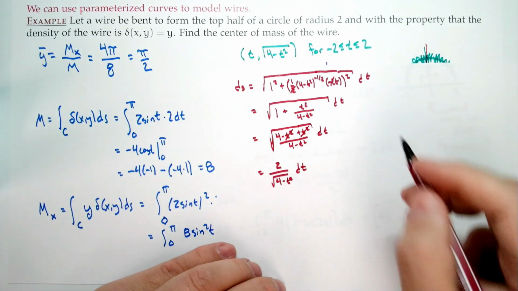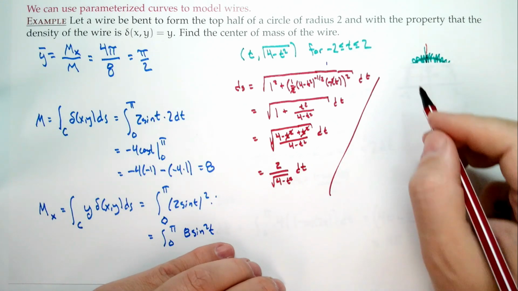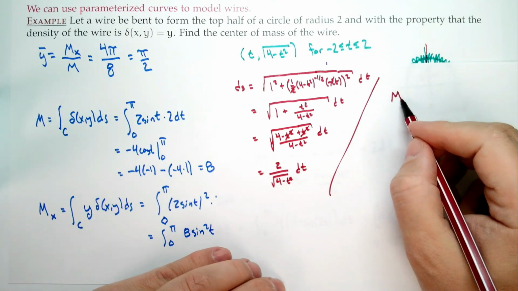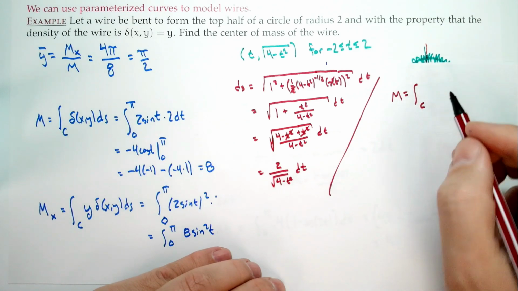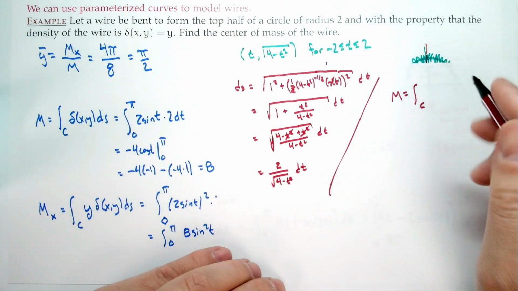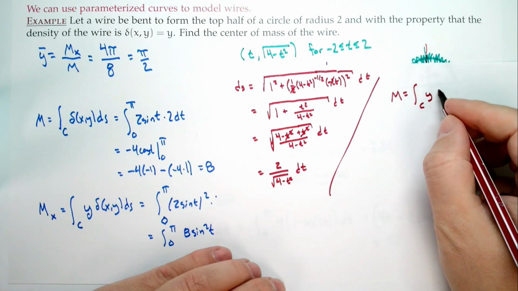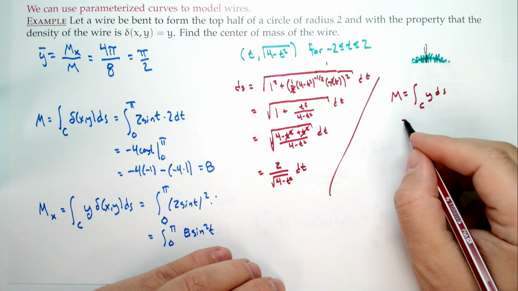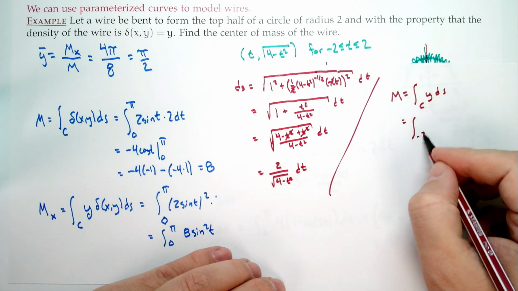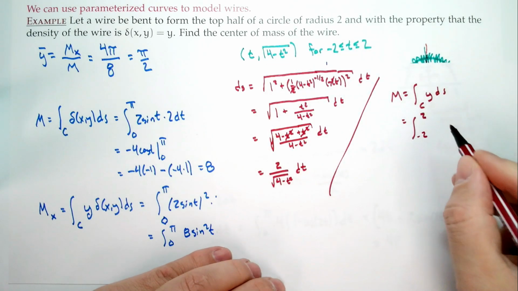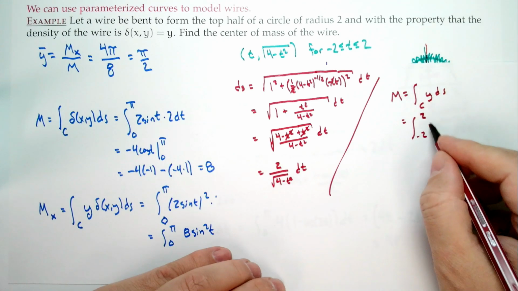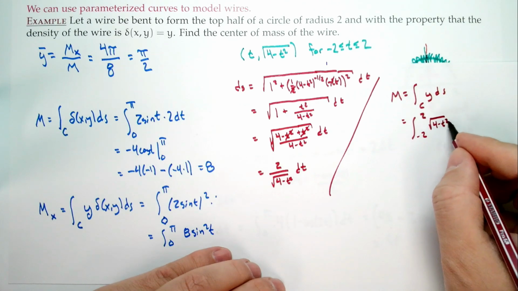So, let's do our mass. So mass is the integral along our curve of our density. So what's our density? Well, our density is y ds. So negative 2 to positive 2, our y is square root 4 minus t squared.